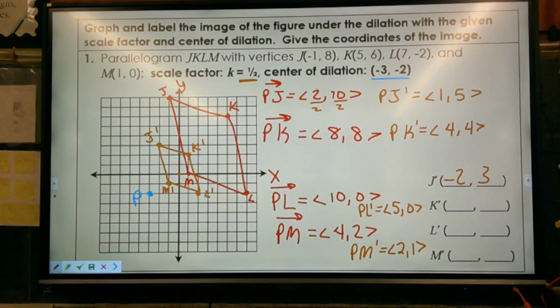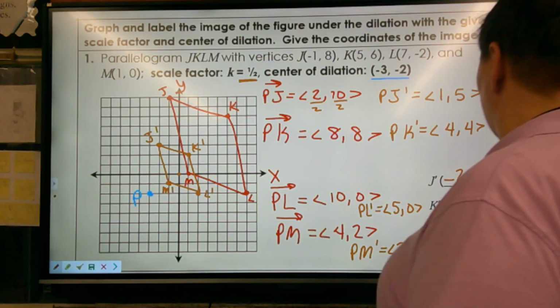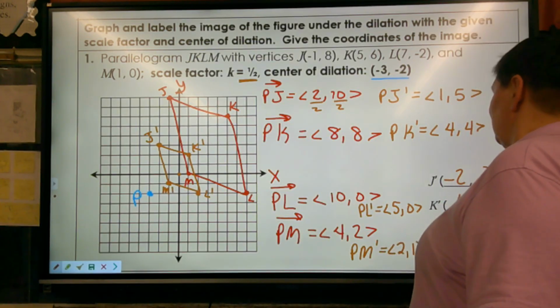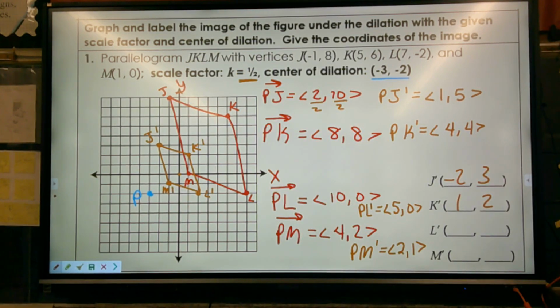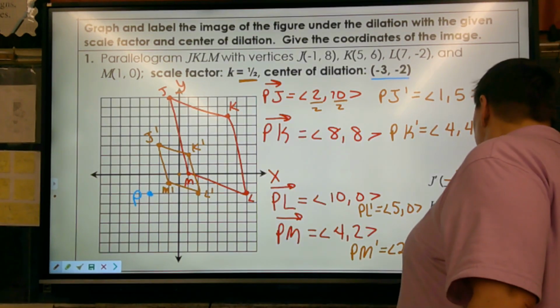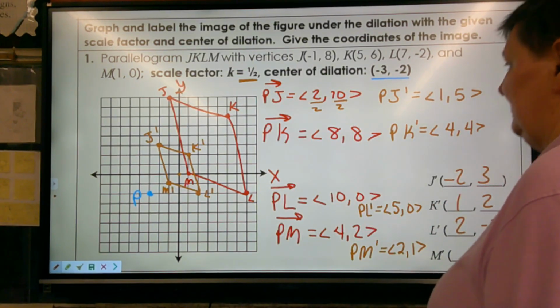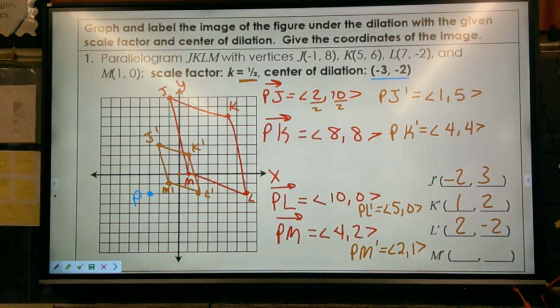To get to K prime, we had to go 1 right, 2 up. To get to L prime, we had to go 2 right, 2 down. And to get to M prime, we had to go 1 left, 1 down.